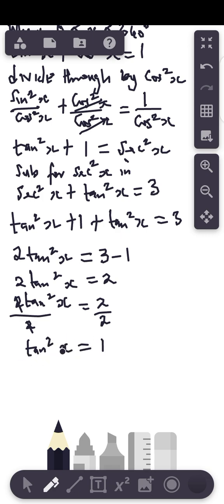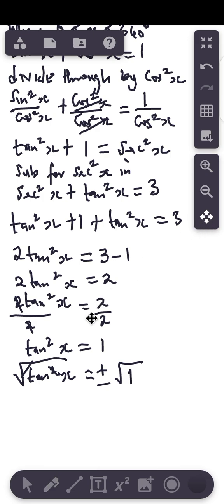Now we are looking for the possible values of x, so we need to get rid of this square. To get rid of the square, we find the square root of both sides. So square root of tan squared x equal to plus or minus square root of 1.